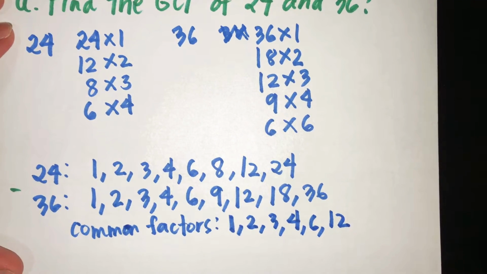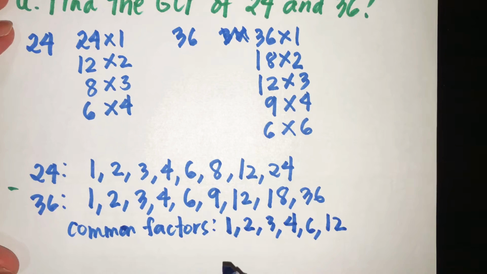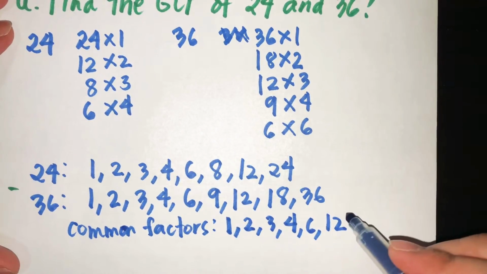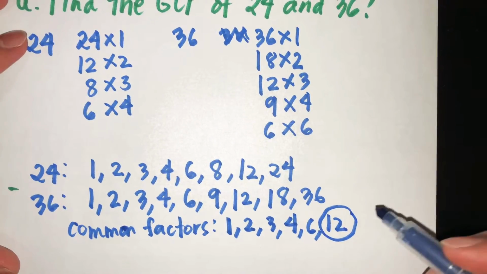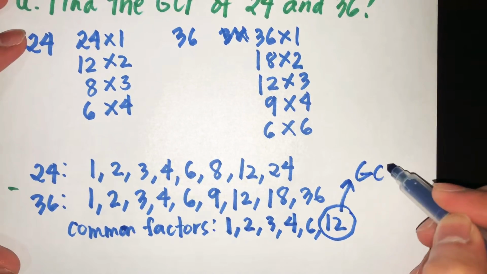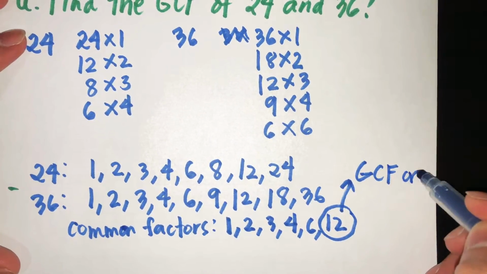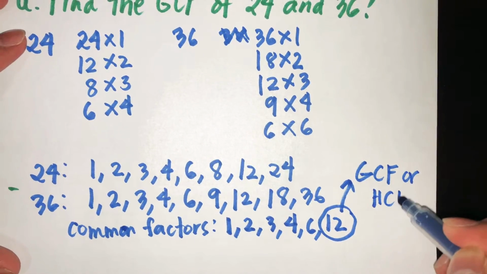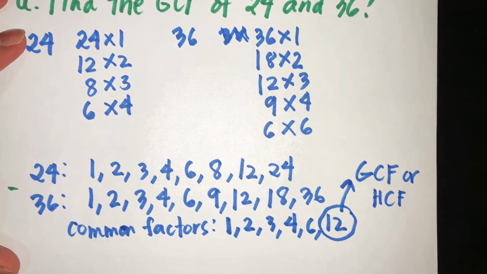These are the common factors, but the highest common factor, or the greatest common factor, that we have is 12. So this is your GCF or HCF. So that's our first method.